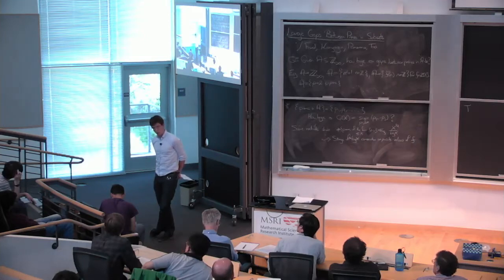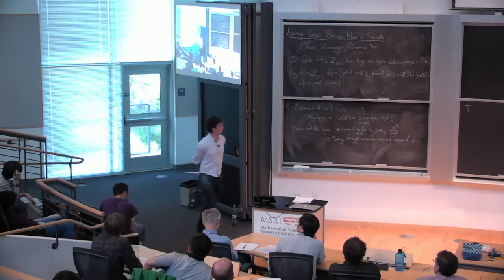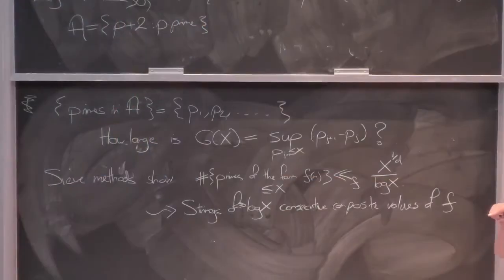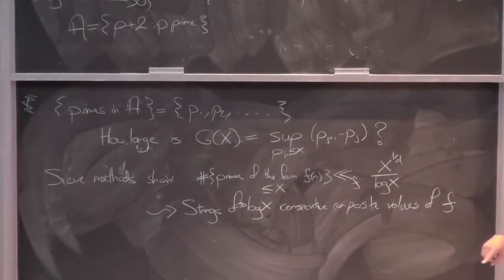I'm not sure I'm following. So in the case of n squared plus 1, I pick some value n. I then get my value of f of n, which is n squared plus 1.